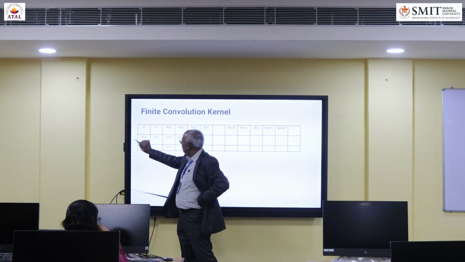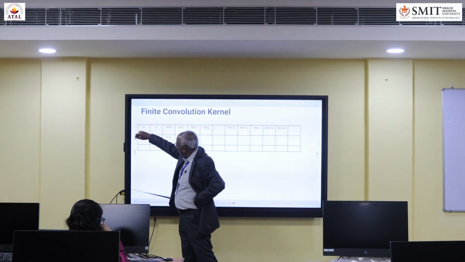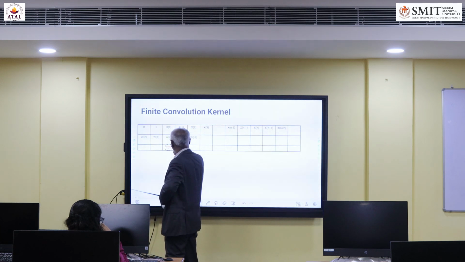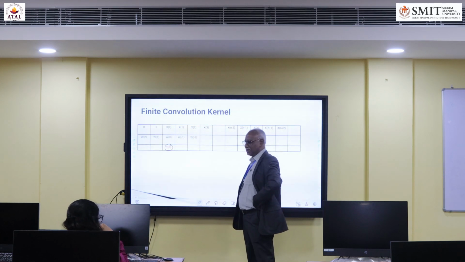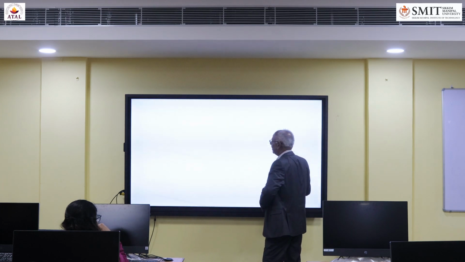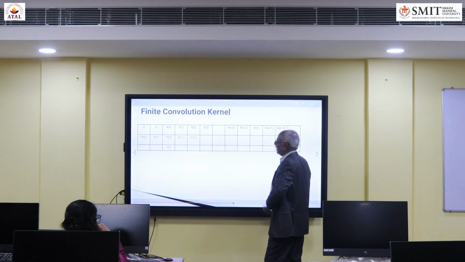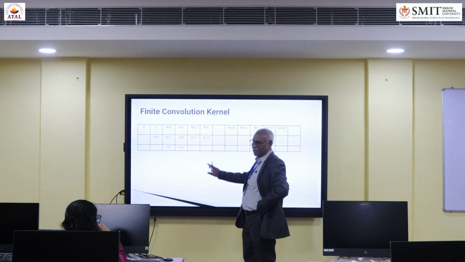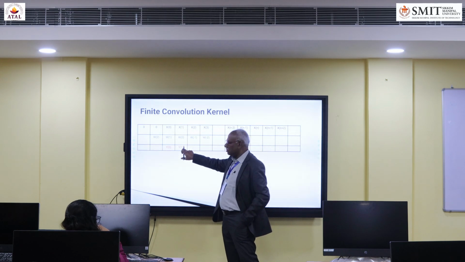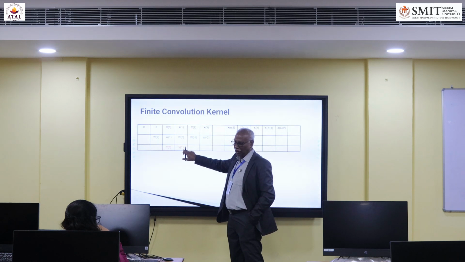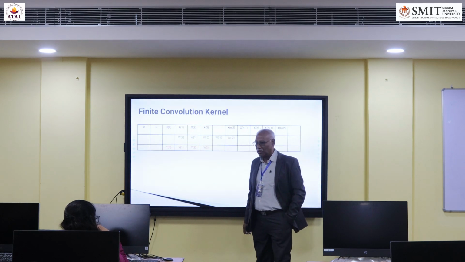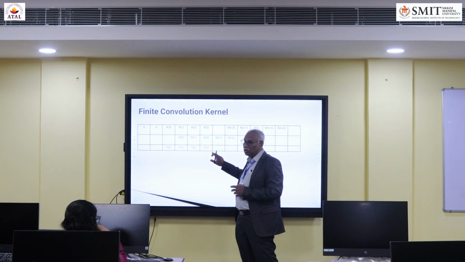That gives you one value at the central location, which is at 0. Next, what I have to do is shift this kernel, so W0 comes at the next position. Again, you do point by point multiplication. That gives you the next convolved output, which is Y1. Do the same operation, you get Y2. Do the same operation, you get Y3, and so on. So this is your convolution output.